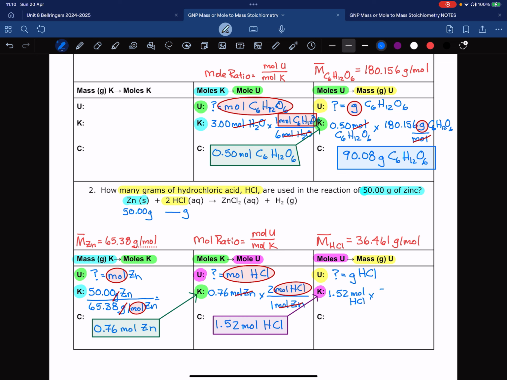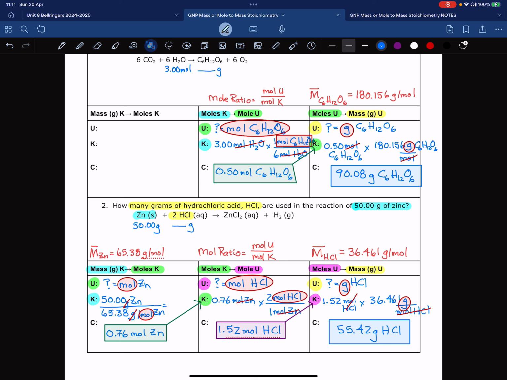So I'm going to multiply by that, 36.461 grams per mole of hydrochloric acid. When I do that, the moles cancel. I'm left with grams. Grams is what I wanted. So I do that calculation, and when I round it to 2 decimal places, I get 55.42 grams of hydrochloric acid, and that is what I wanted.